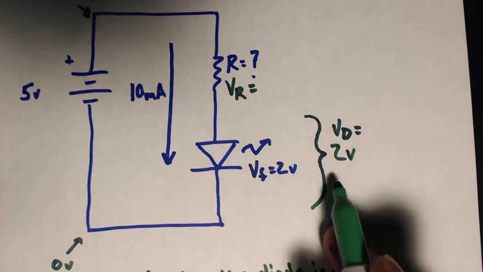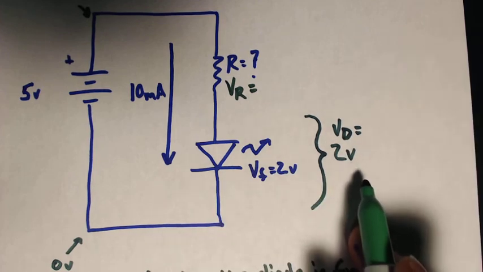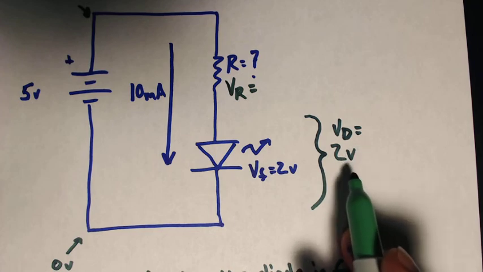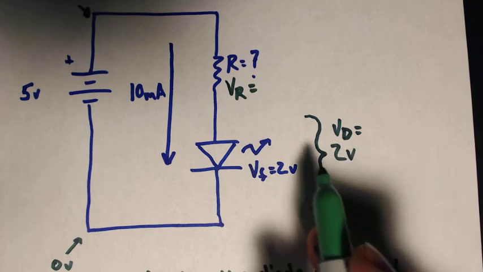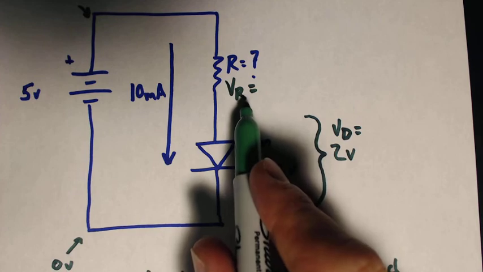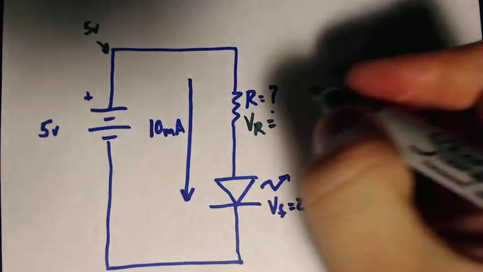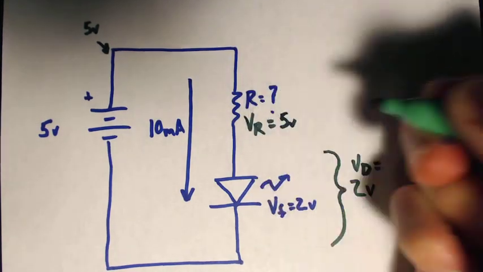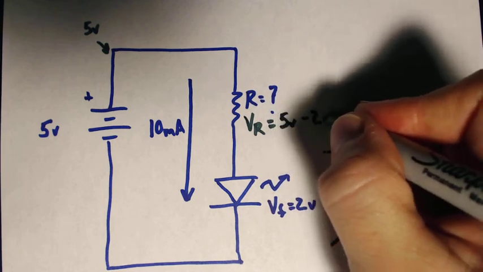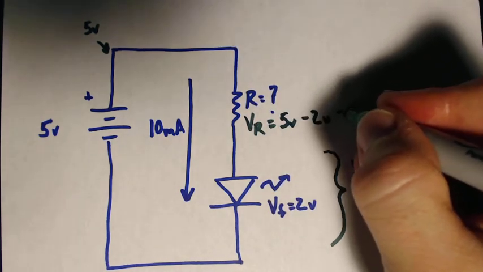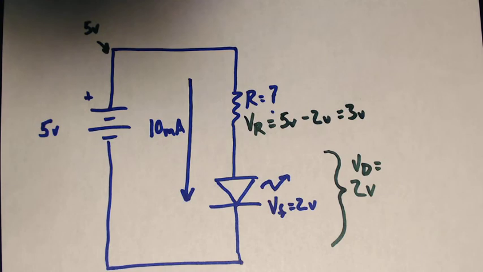So now that we know that our diode has 2 volts across it, figuring out the voltage drop across this resistor is real straightforward, right? Because in accordance with KVL, we can just say V sub R is equal to 5 volts minus 2 volts, which equals 3 volts.